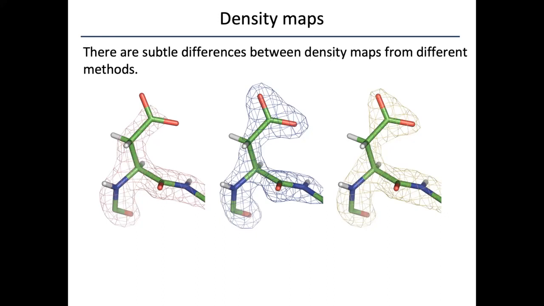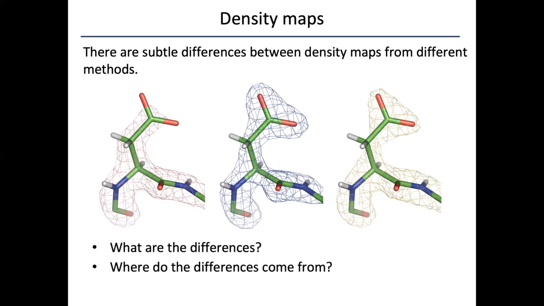And on purpose, I didn't put any label here because I want you to think about what each of these images represents. And if you don't know, what we're going to do for the remainder of this talk is discuss what the differences in the maps are and where these differences come from. And so just to keep it simple, let's focus on crystallography, because then we can use the same formalism and we don't have to swap, let's say, names of variables and so on.